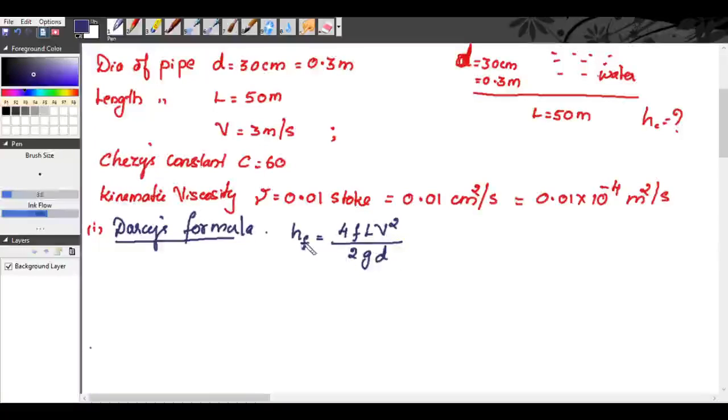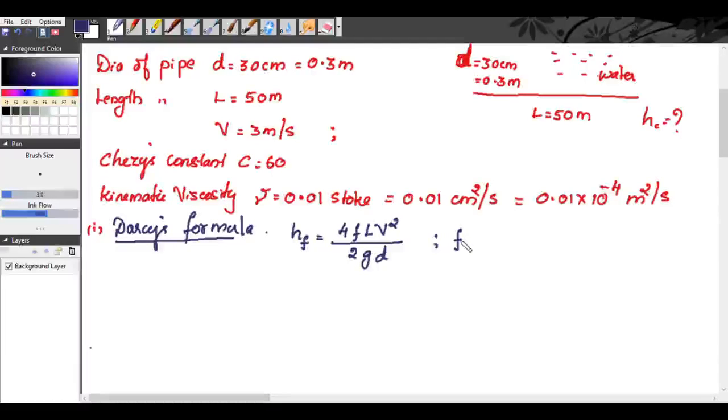Now, L and V are known for us, g is 9.81 and the diameter is also given. The only unknown is f, which is the coefficient of friction. We have already studied that the coefficient of friction depends on the Reynolds number.